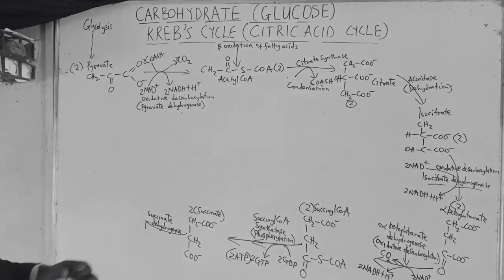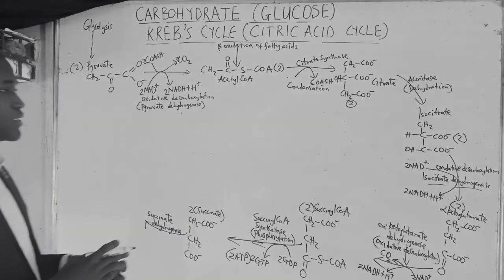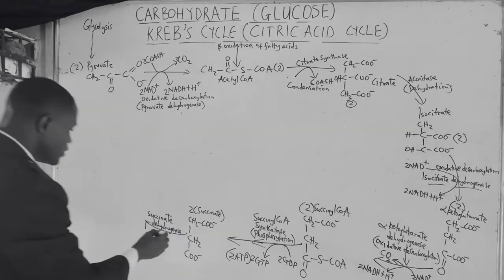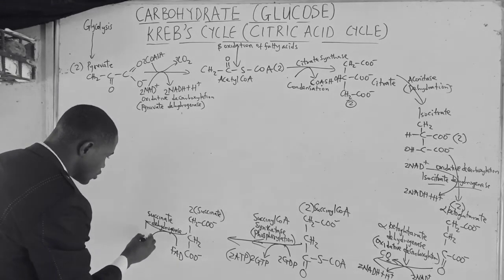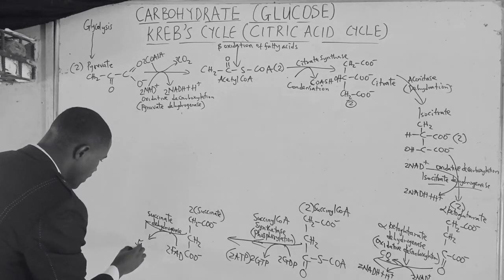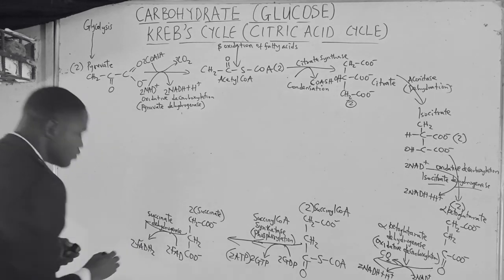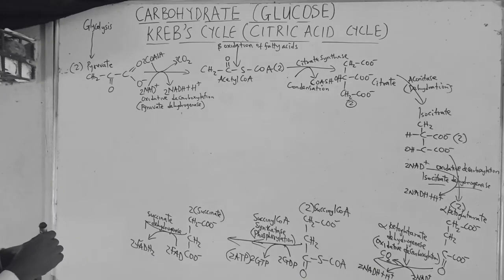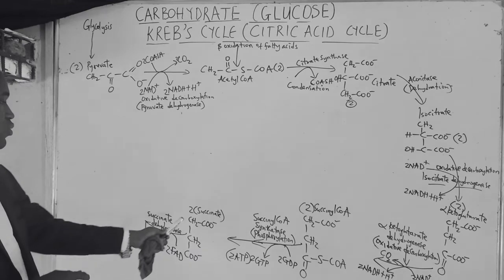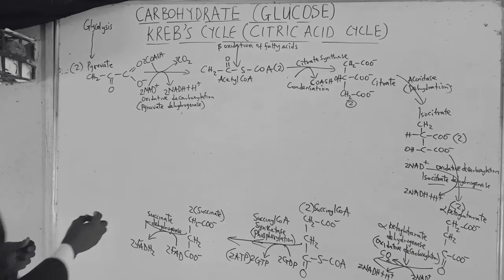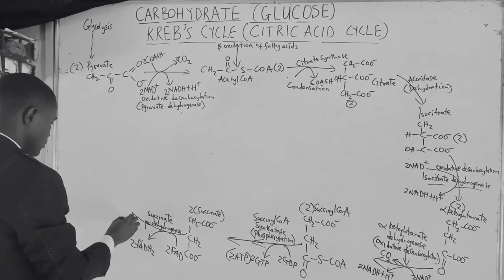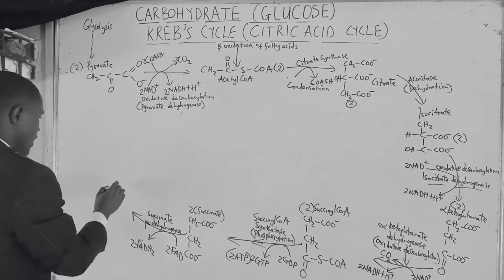As this succinate dehydrogenase acts on this succinate, there will be need that the coenzyme FAD will go into the reaction to produce FADH2, reduced flavin adenine dinucleotide. So as succinate dehydrogenase acts on this, what it will be giving us is fumarate. 2 molecules of fumarate.